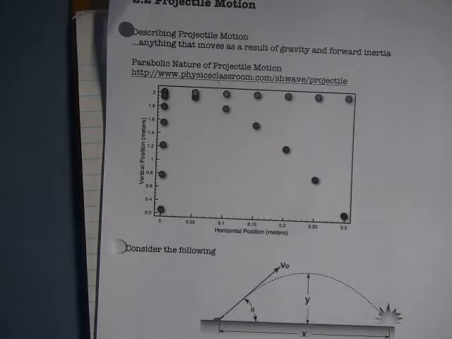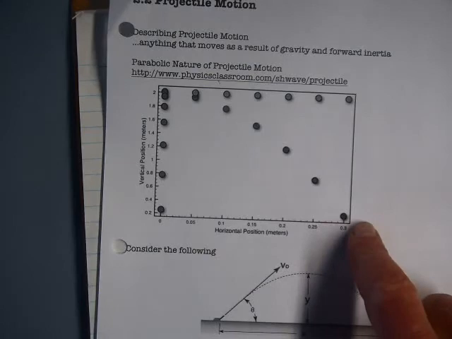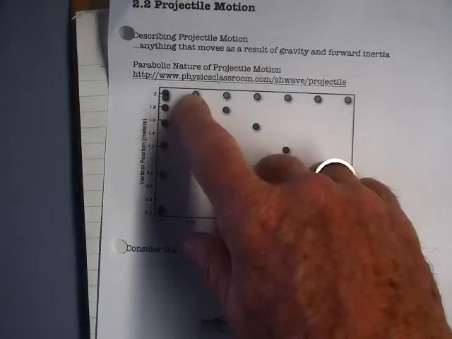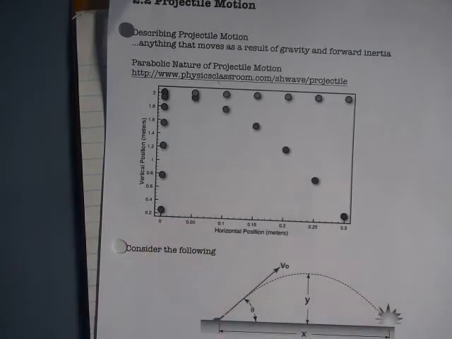in order to determine how far this will go, you have to determine how many seconds it would be in the air if it was a free falling object. And that is if it's shot perfectly horizontal. If it's shot upwards, then you have to account for the time up and the time down.